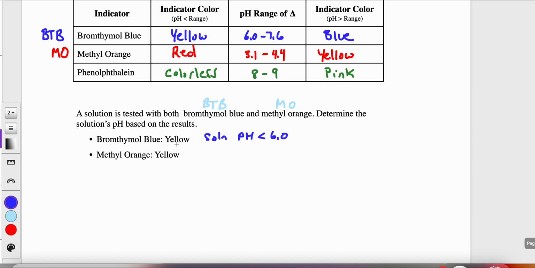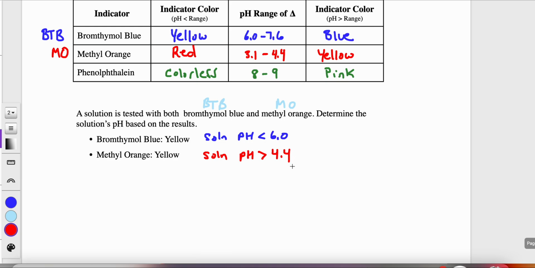So based on bromethymol blue, the solution's pH value is somewhere between 0 and 6. The methyl orange also turned yellow. Methyl orange is yellow if the solution's pH is higher than 4.4, so the solution has a pH that is greater than 4.4.